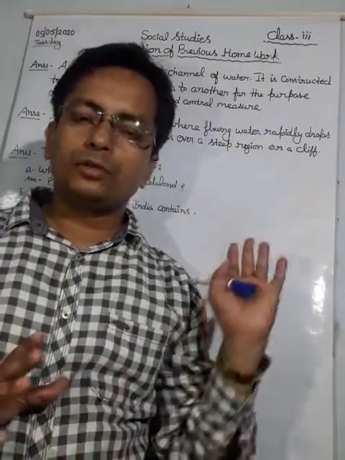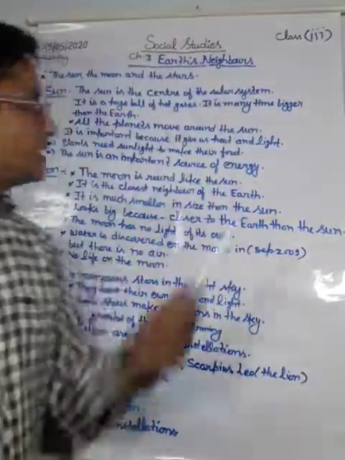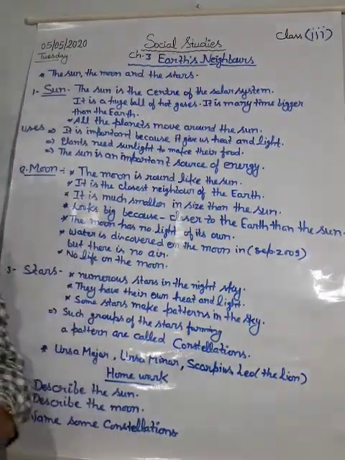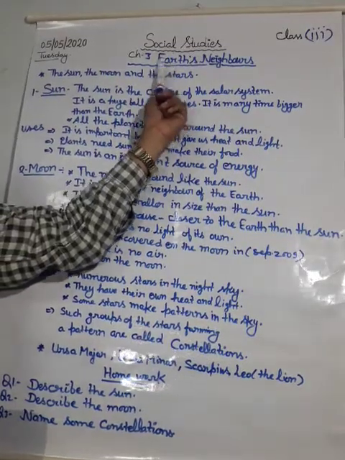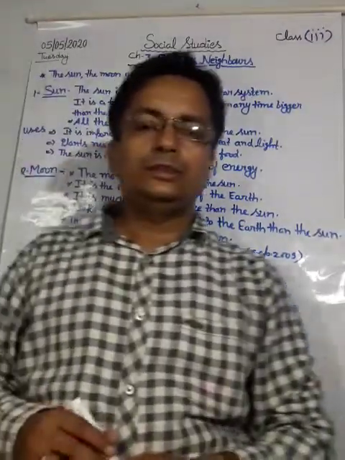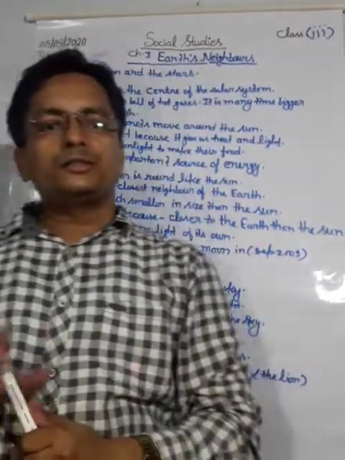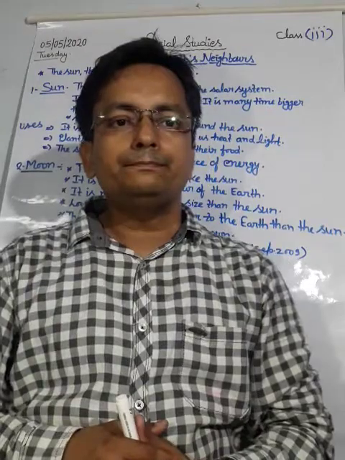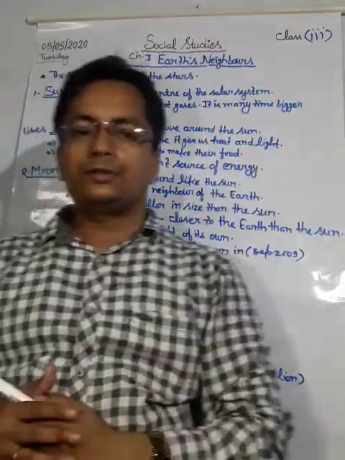So it's all about our previous homework. Let's start today's topic. Dear student, here is the new lesson for you. The lesson name is Earth's Neighbours. Earth is a planet on which we are living, and the other word is neighbors.